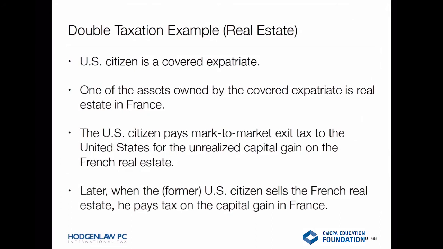And then later, when they sell that French real estate, they'll pay tax on the capital gain in France. So sometimes people will choose to sell that real estate before they expatriate. So they'll pay the capital gain, they'll get a tax credit between the two countries, and then they'll only pay tax once. They expatriate, they no longer own the asset, so it's not a problem.